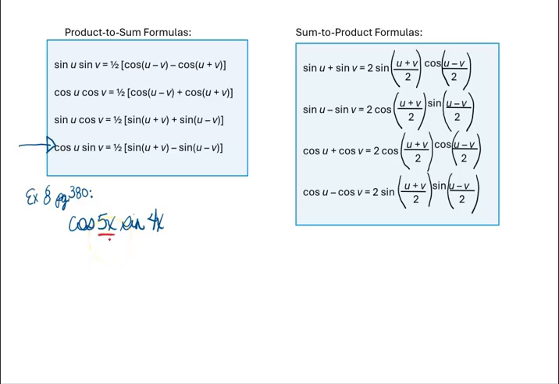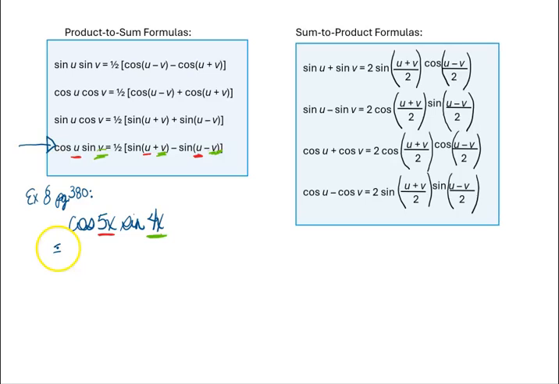Our u is 5x, so I'm going to underline all the u's here in red. And our v is 4x, which I'm going to underline all my v's in green.